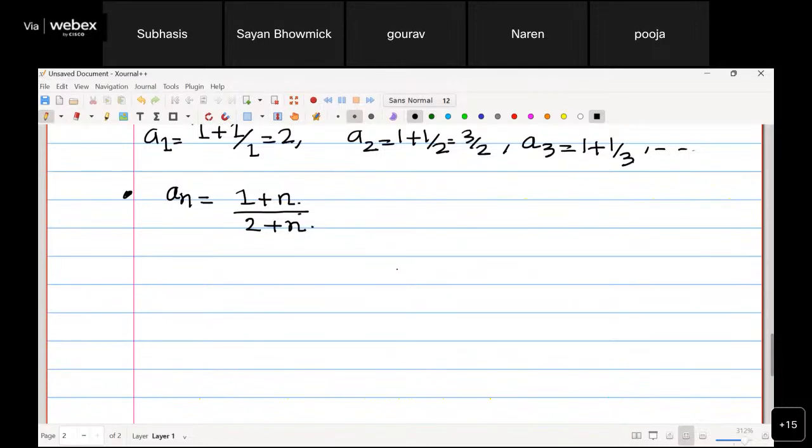So in some sense, what I can write is this as 2 plus n minus 1 in the numerator, right? Yes, sir.